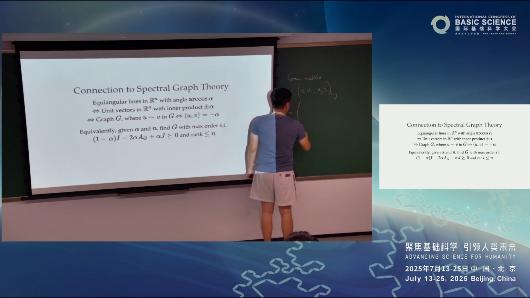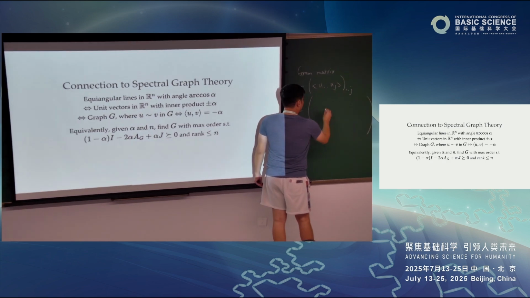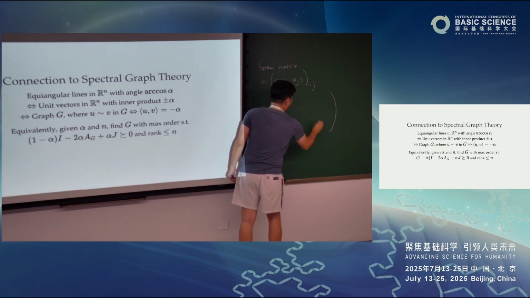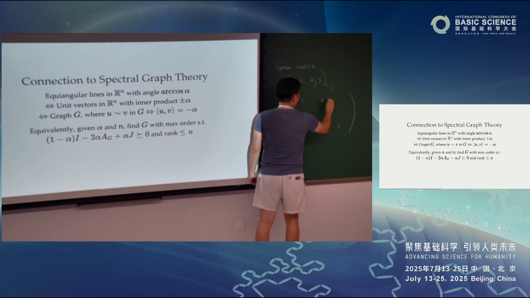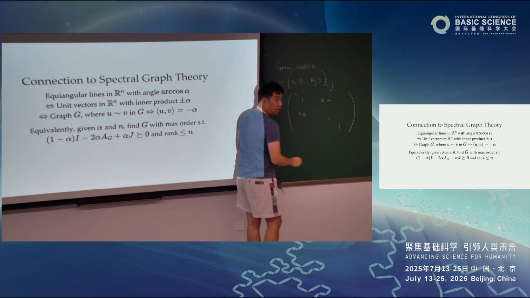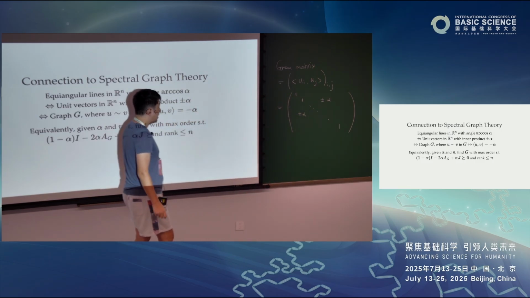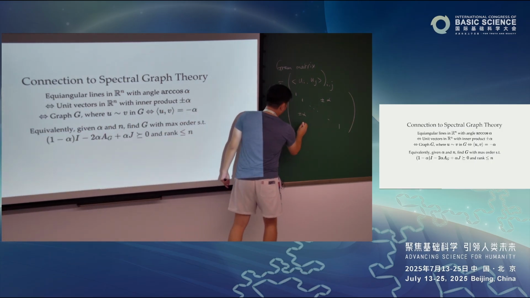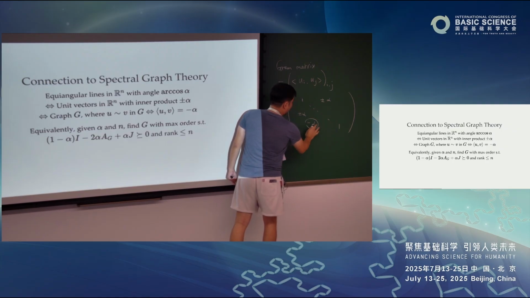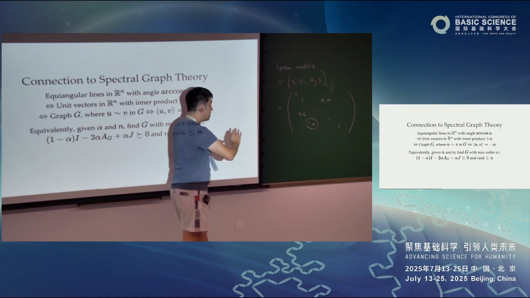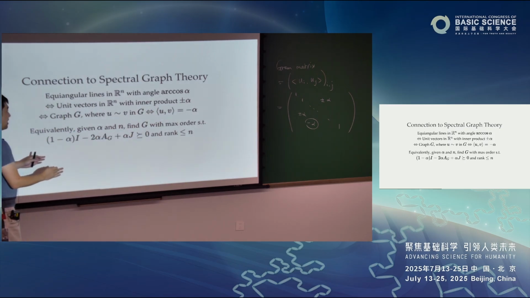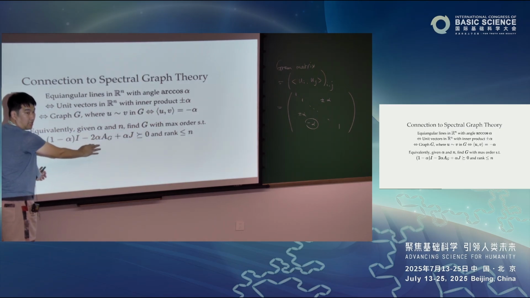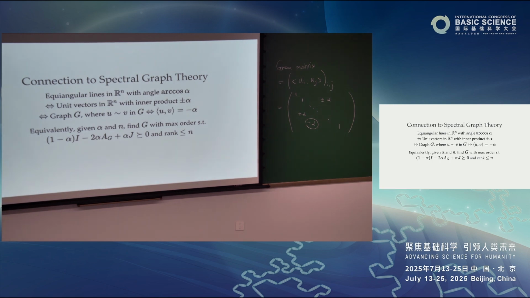And if you write them down, because they are unit vectors, the diagonal entries are all one, whereas the off-diagonal entries are those pairwise inner products, which give you plus or minus alpha. And if you use a graph to encode where this minus alpha appears, you can certainly rewrite this Gram matrix in terms of the adjacency matrix of the graph. And it turns out that this is exactly how you would write down the Gram matrix.